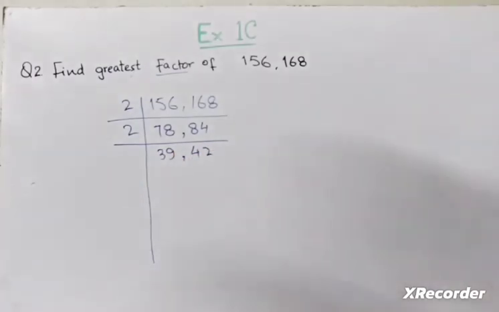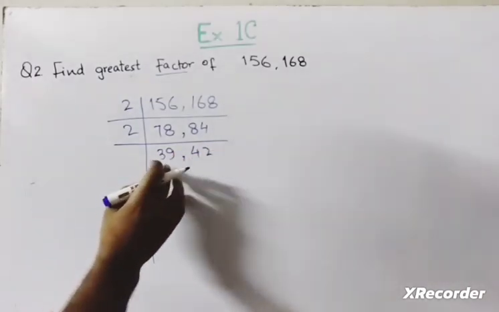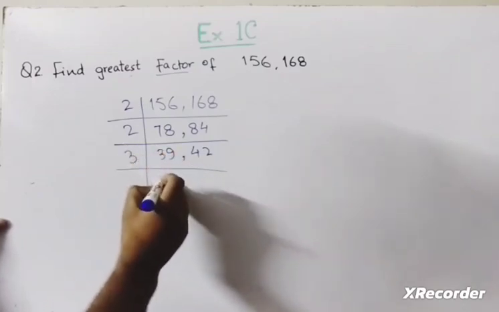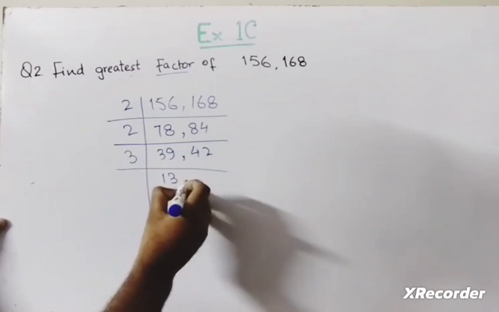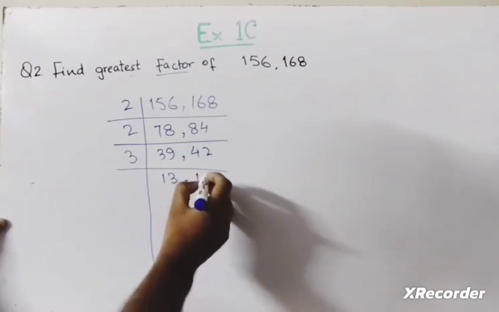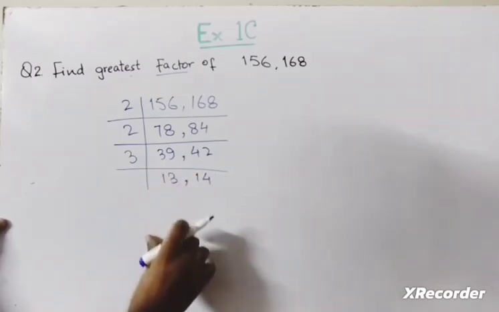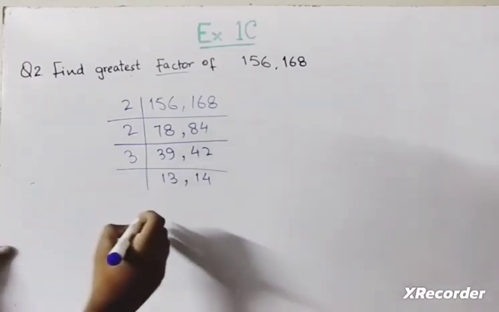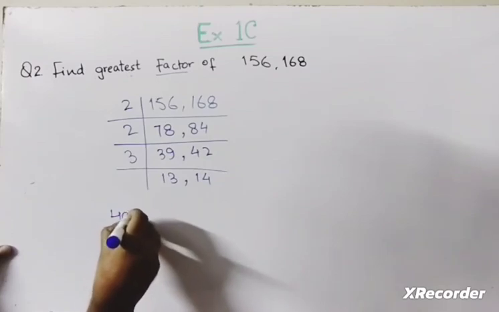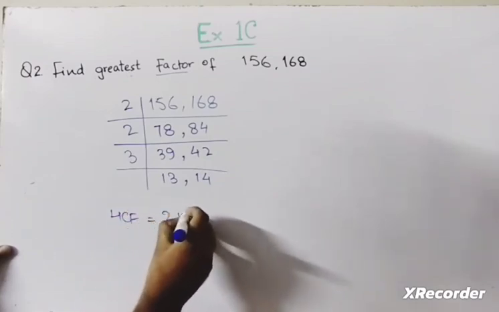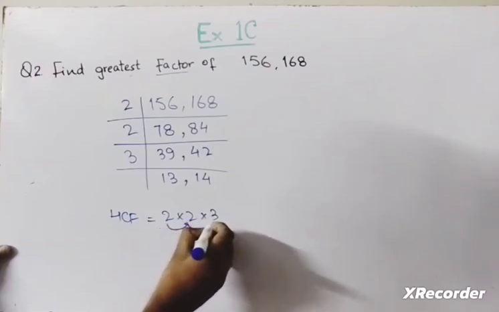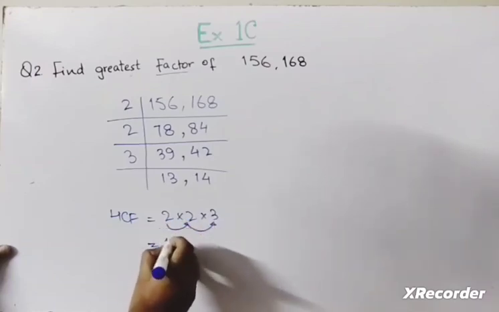Now this is an odd number, but it comes in the table of 3. 13, 14. At this point there is no factor which divides both 13 and 14, so our answer will be 2 multiplied with 2 multiplied with 3, that is 2 times 2 is 4, 4 times 3 is 12. Our answer will be 12.